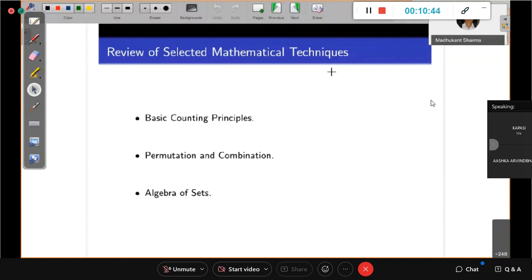If you have any query or doubt at any place, please raise your hand or put your doubt in the chat box, and we will try to address it.